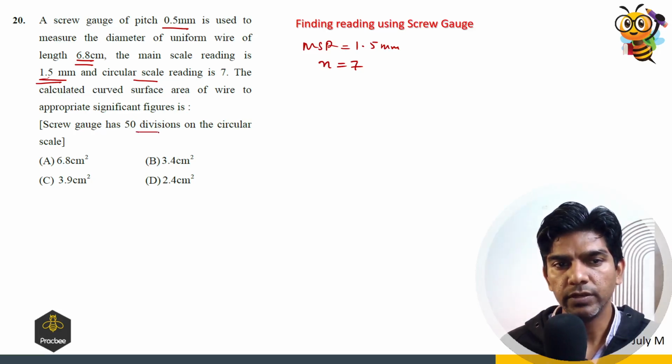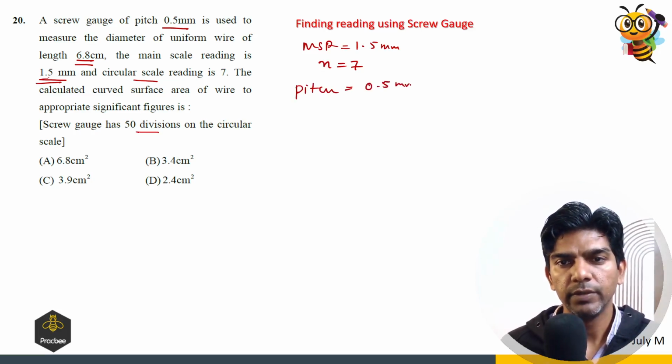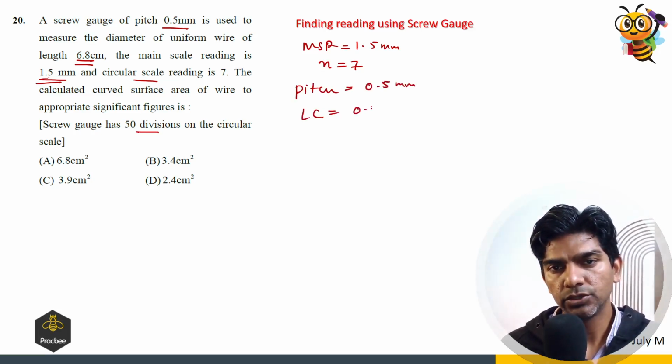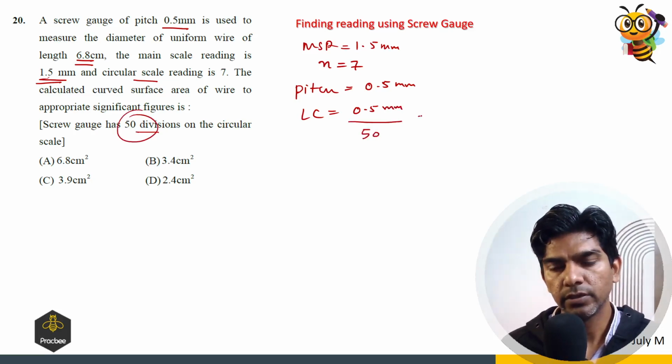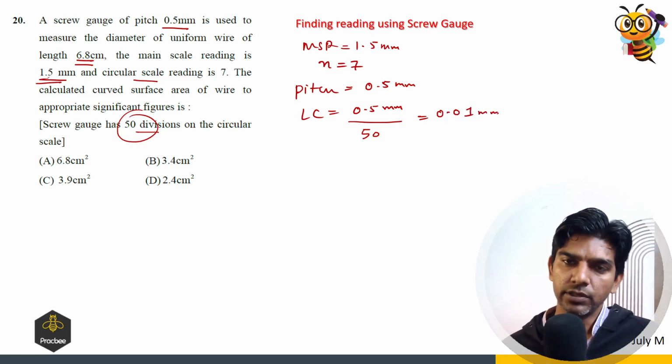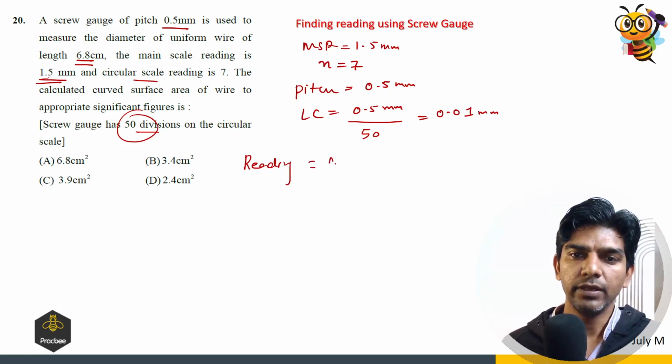Screw gauge has 50 divisions on the circular scale. So in this case, pitch is given as 0.5 millimeter. So least count will be pitch divided by number of divisions on the circular scale. So it comes out to be 0.01 millimeter. So we got least count, and reading for the diameter will be main scale reading plus n times the least count.